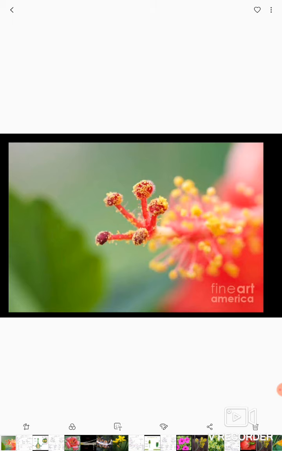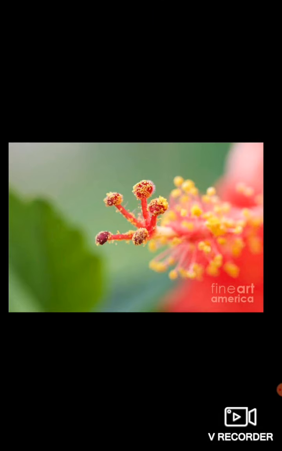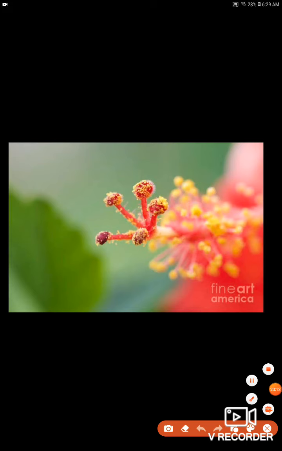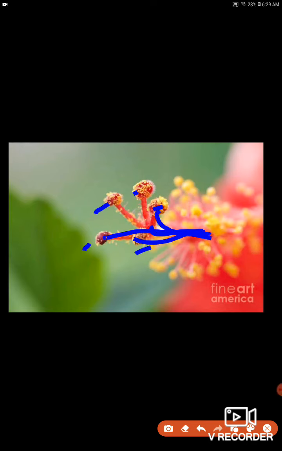See, I am showing here the stigma. It bears the pollen grains which are yellow in color. This is the hibiscus flower. As you have seen, the hibiscus flower has 5 stigmas. So these are all fused and they run towards the style, and afterward in the ovary they bear 5 ovules.